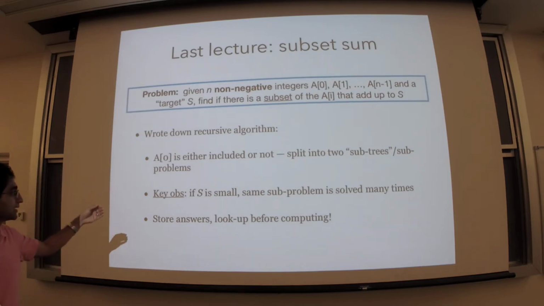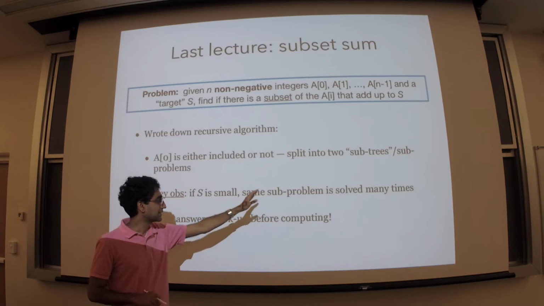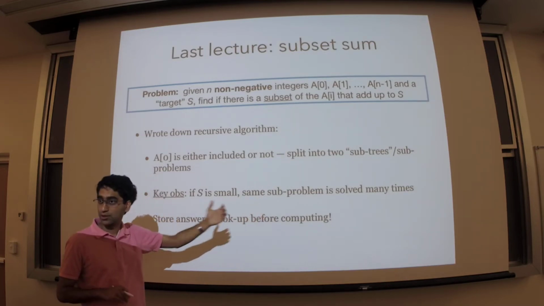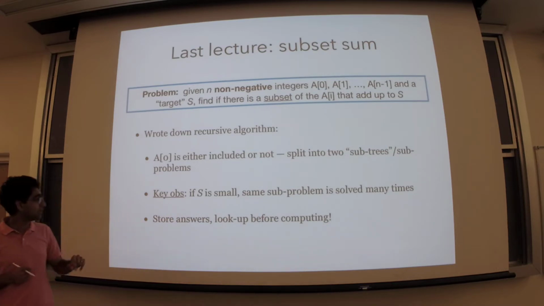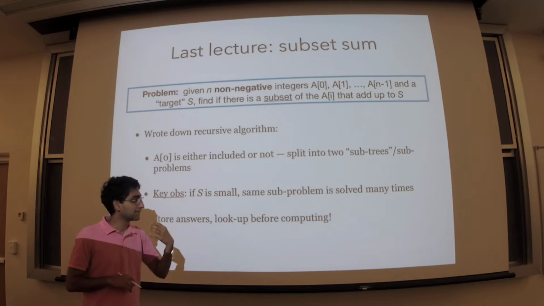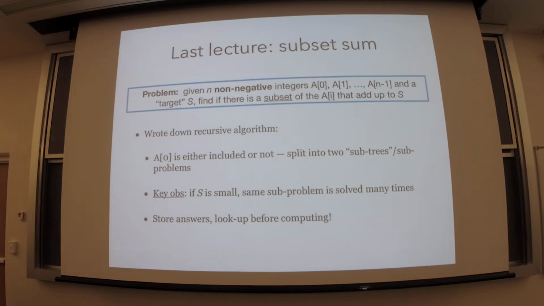And we did this, and what we observed is that in many examples, the exact same subproblem is solved several times. We saw this via an example. And this typically tends to happen if s is small. We said that at each level of this tree, there were only s plus 1 different problems that you could have.